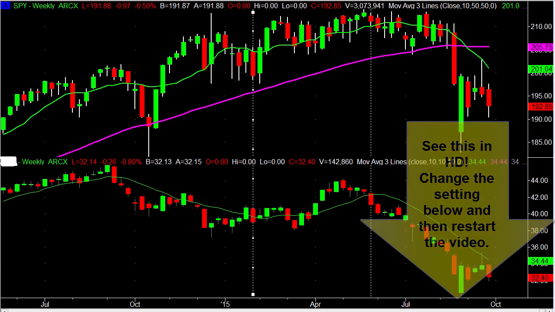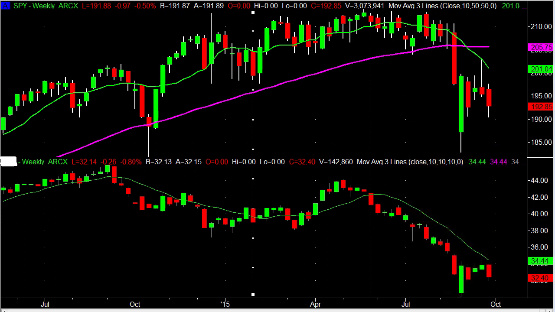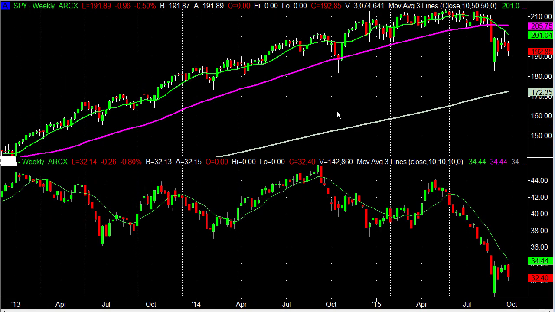So let's talk about intra-market relationships. Now, the one I'm going to talk about today isn't really a direct correlation, but as I was drawing in vertical lines in the EEM, which is the Emerging Markets ETF, and if we look at this from a big picture point of view, right now there's a big focus on the emerging markets because they've just gotten absolutely hammered, as you can see by the weekly chart here.